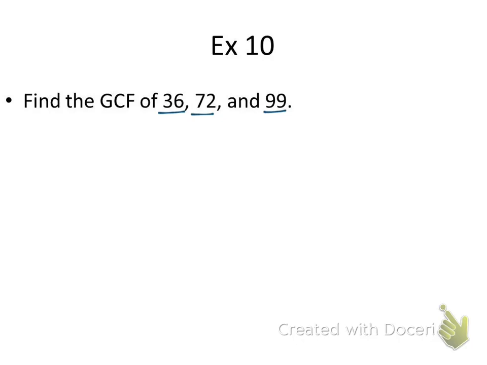Use your prime factorization sheet to write the factors out for each of these numbers. Good. Start writing out your prime factors. Make your list. So you can skip right on down to step 2 and make your list.